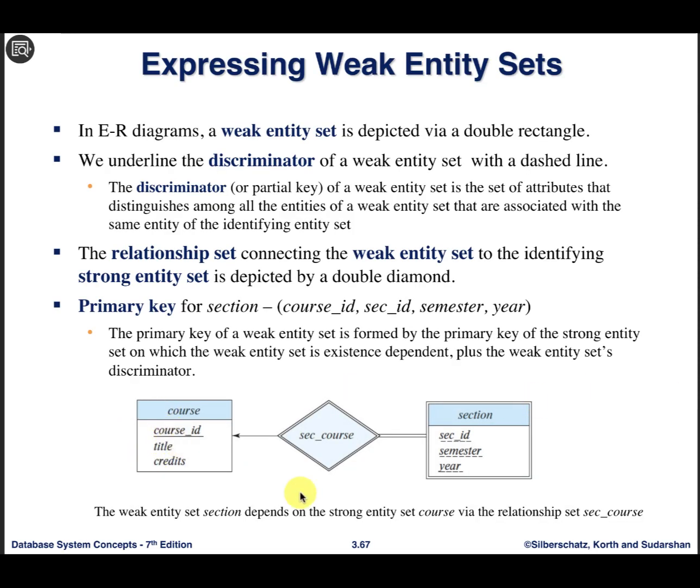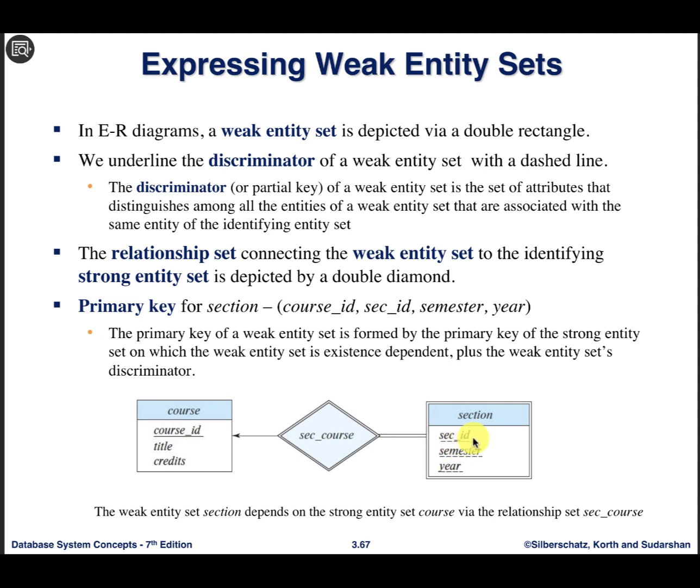So here we have a course, we have a section, and if you take a look, you see this one, and say, oh, it looks like this is a weak entity. Why? Because the attributes listed here are not enough. You cannot uniquely identify or distinguish between two different instances within this entity set, which makes sense.